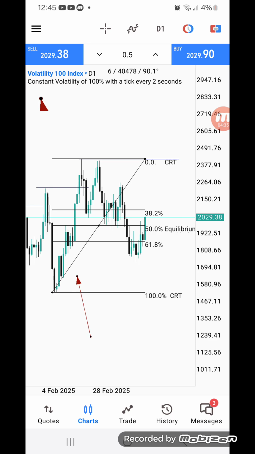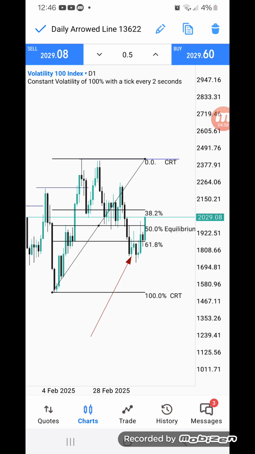So it came and tapped on this demand zone here, which is the daily order block, and now we expected the market to give us a confirmation from the lower time frame, and then we enter bullish. We enter the trade for buys.